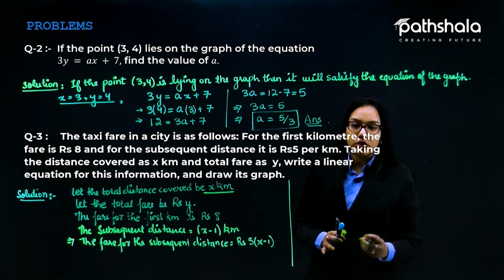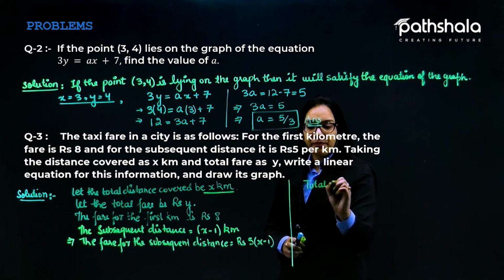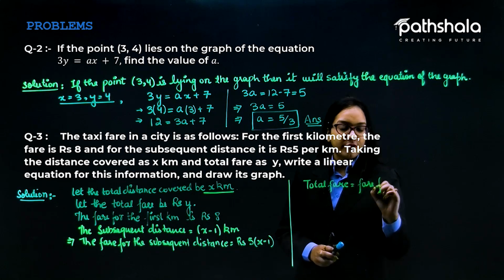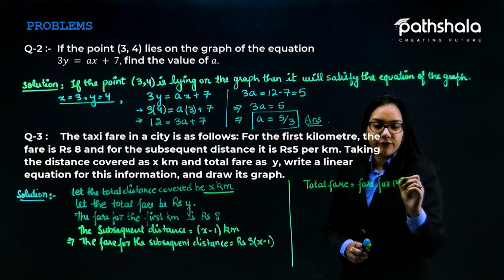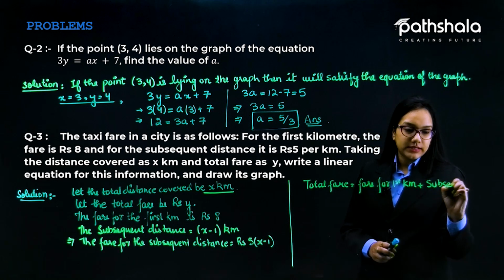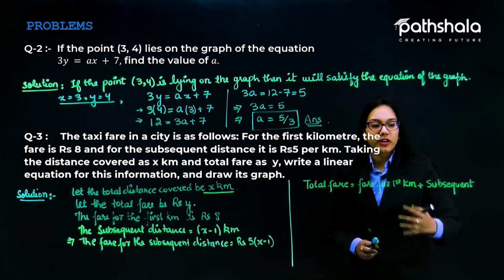Now the total fare is equal to the fare for the first kilometer plus the fare for the subsequent kilometers.